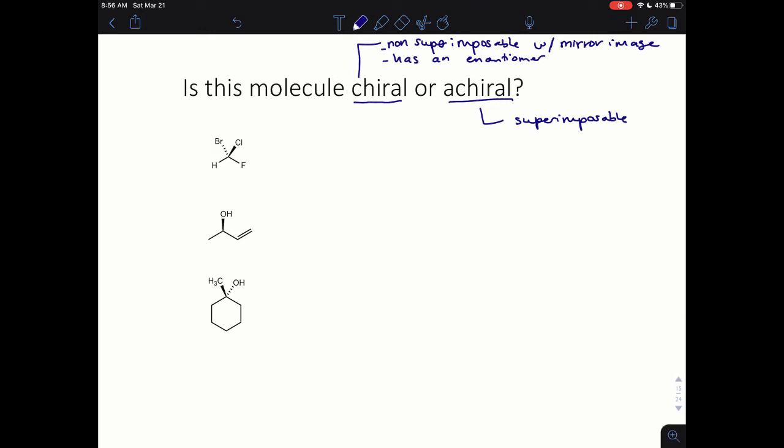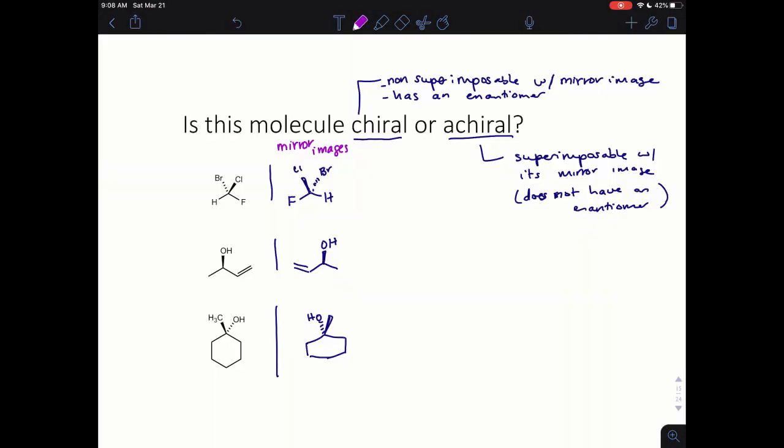In other words, it is superimposable or the exact same as its mirror image. So it does not have an enantiomer. Okay, so why don't you pause and try?